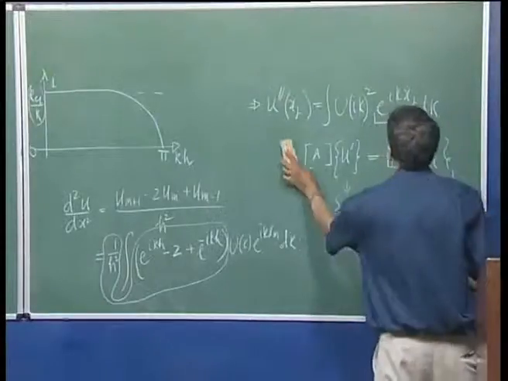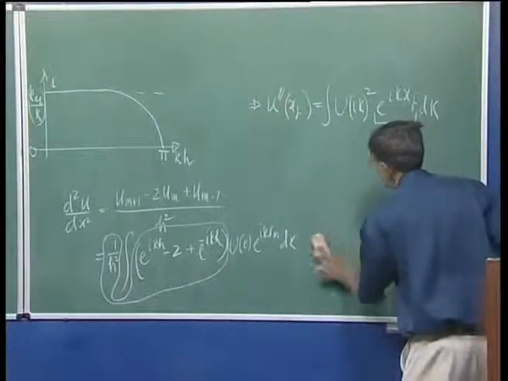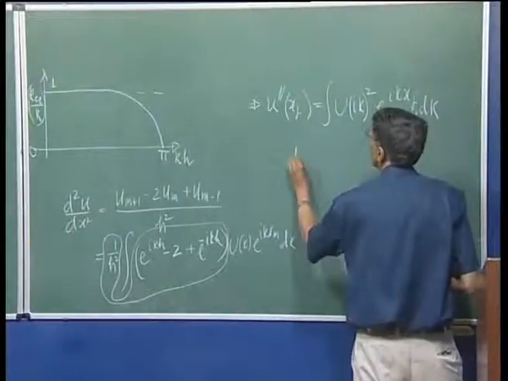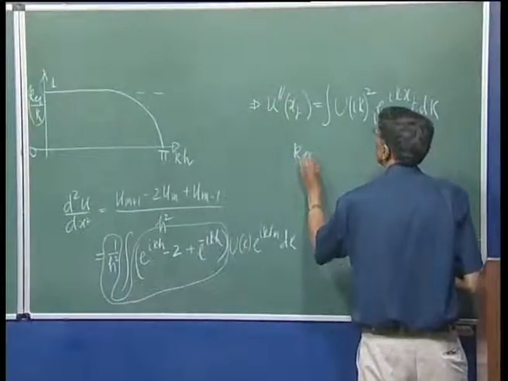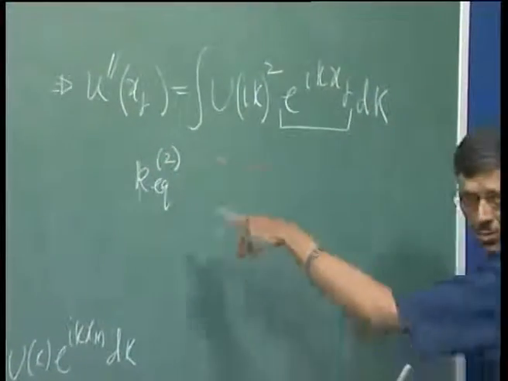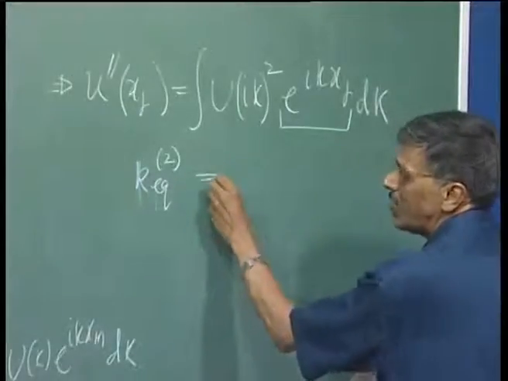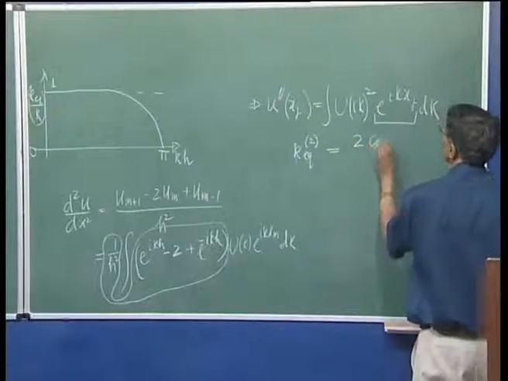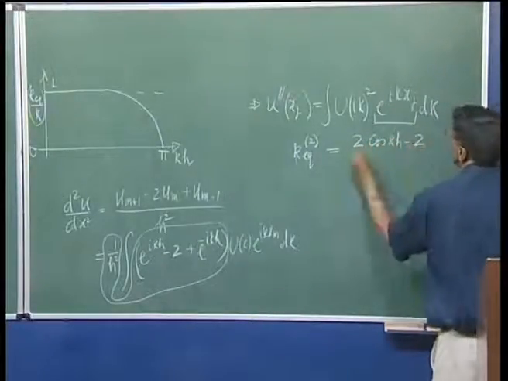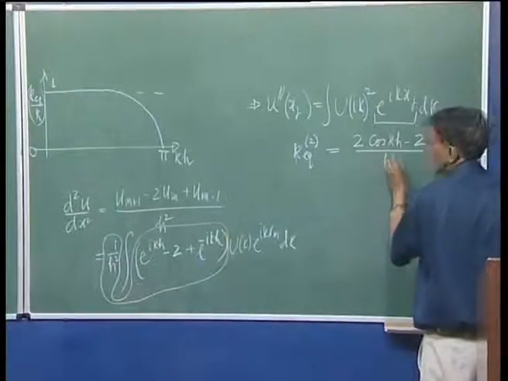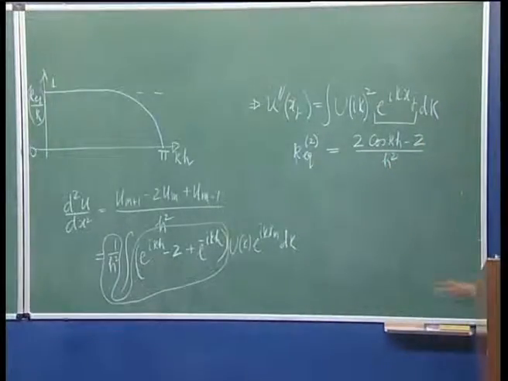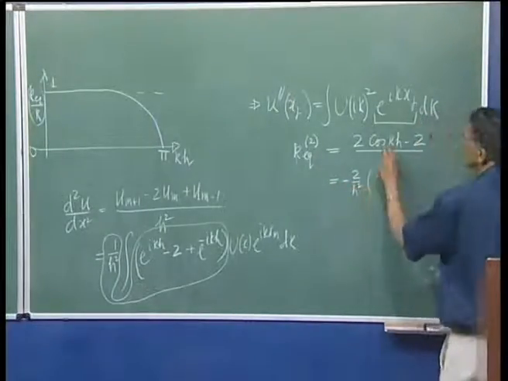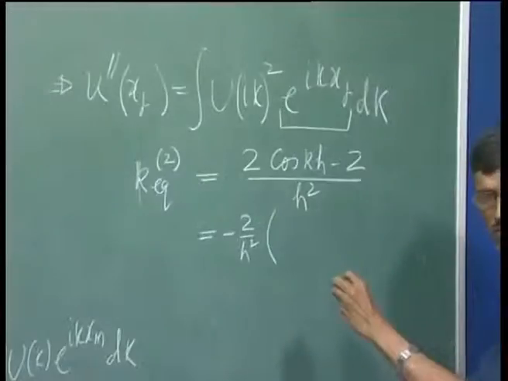So, if I call that k equivalent for the second derivative, not square, that is why I will put it in the bracket, that will be nothing but 2 cos k h minus 2 by h square. So, I could write it as 2 by h square times 1 minus cos k h.